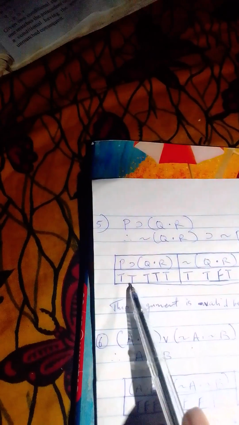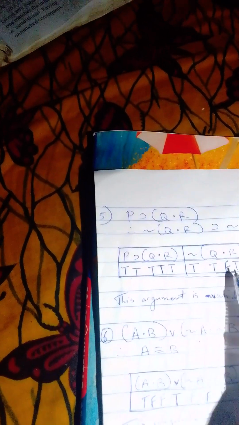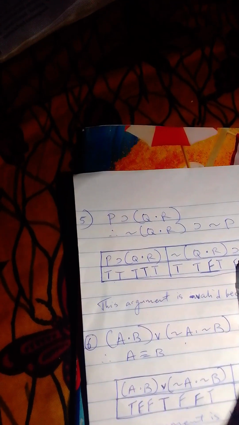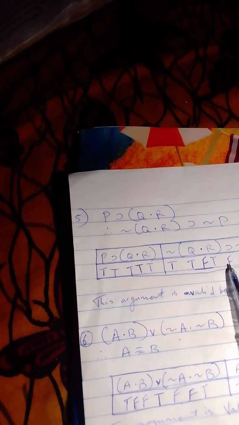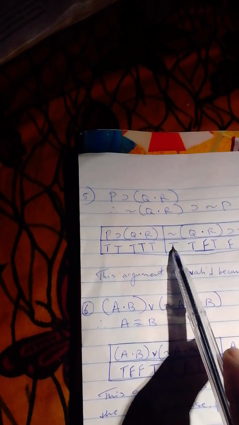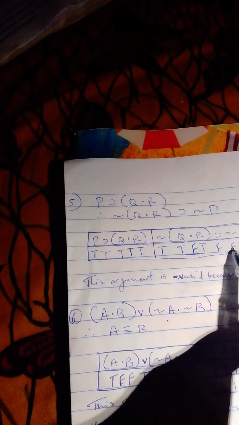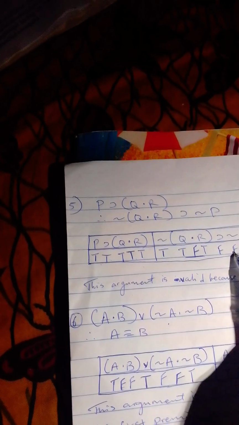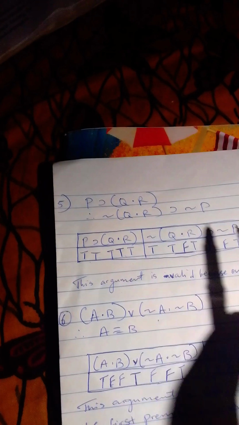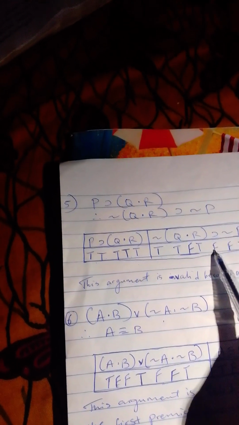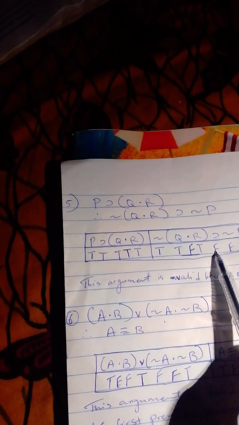So since we have true here and we have false here, for us to get this false in the biconditional, we must have true and false. So we have true here and we have false here. This is true, negation of it is false. So true and false gives us false.